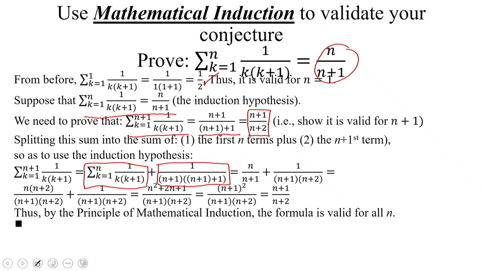So we replace the induction hypothesis term with n over n plus 1, and then we have to add it to this fraction, 1 over n plus 1 times n plus 2. So now it's a fair amount of algebra in order to keep on going. So we're going to put everything over a common denominator. In this case, it'll be n plus 1 times n plus 2.